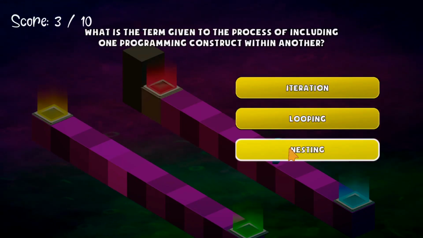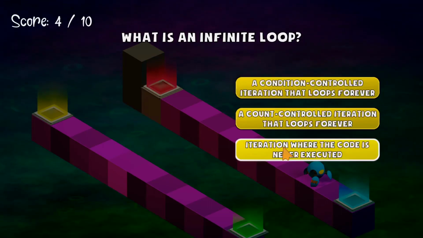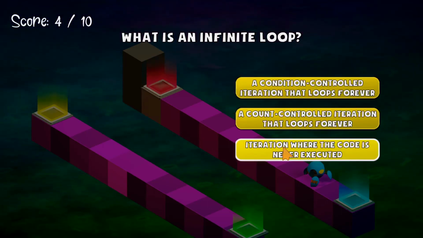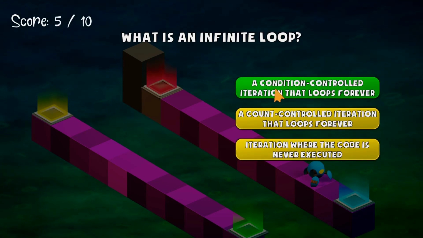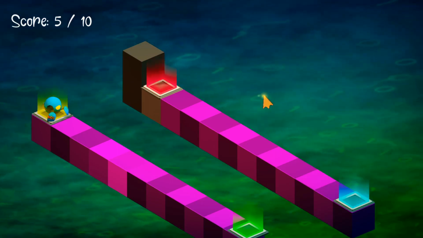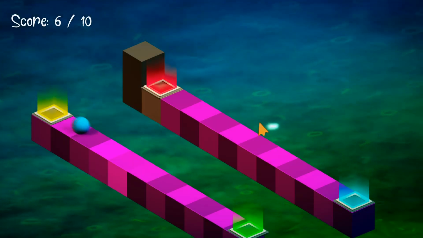The process of using one construct inside another is called nesting. See, this has all been explained through the different dialog boxes, and some stuff's even been explained through the gameplay itself. So we know selection is the second basic programming construct.